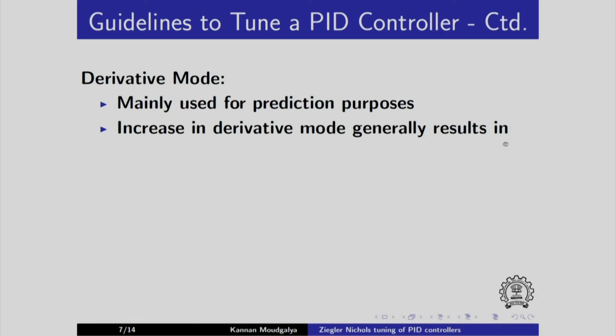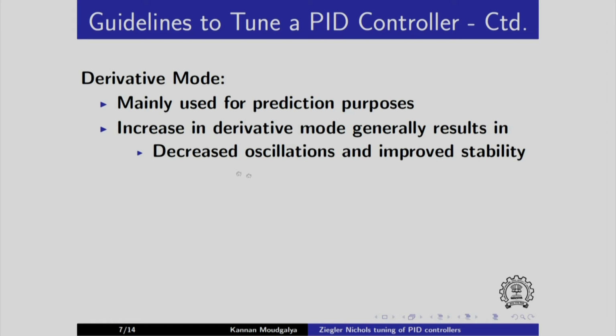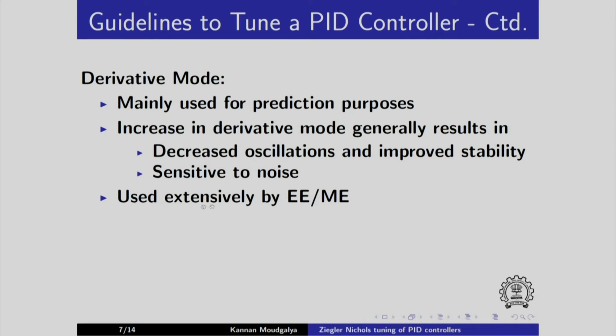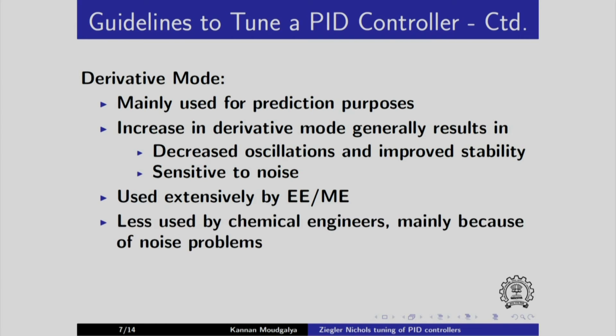Increase in derivative mode generally results in decreased oscillations and hence improved stability, but unfortunately this mode is sensitive to noise. It is used extensively by electrical and mechanical engineers who have to deal with unstable systems. It is used less by chemical engineers, mainly because of measurement noise.